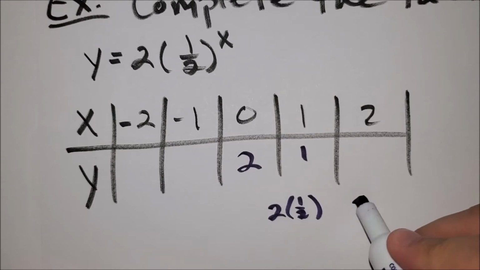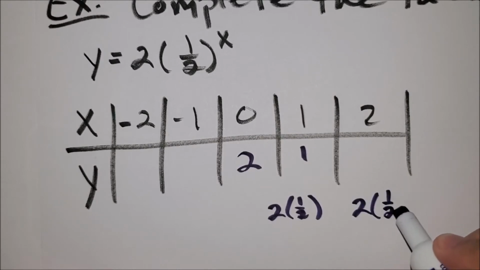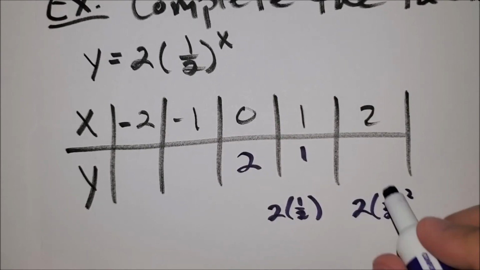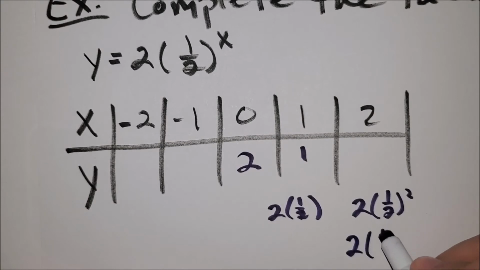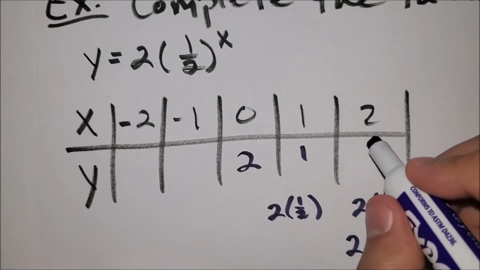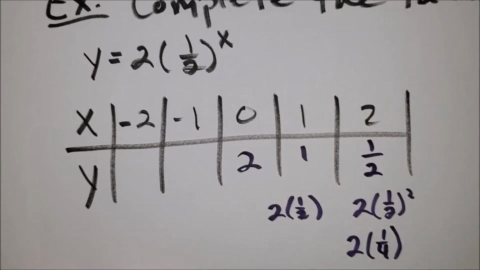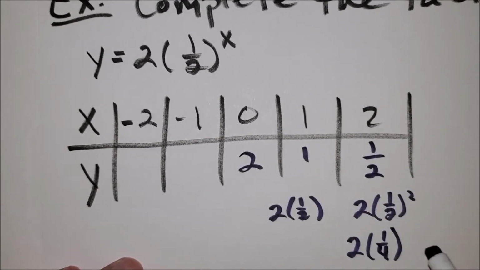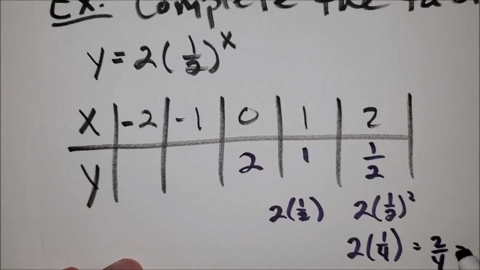Here we've got 2 times 1/2 squared, which is 1/4. So this gives us 2 over 4, which is 1/2.